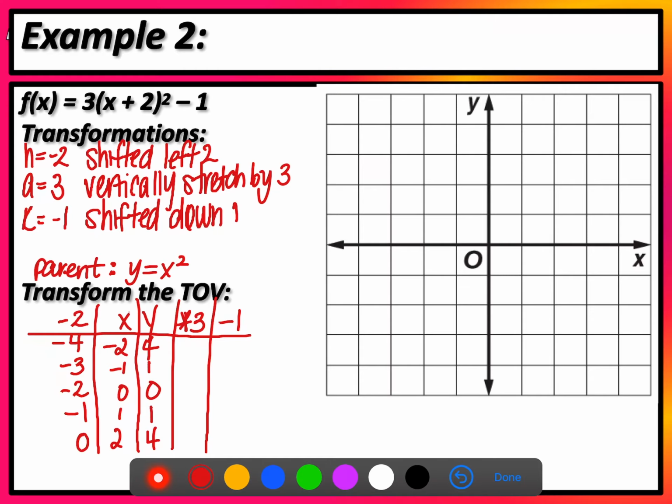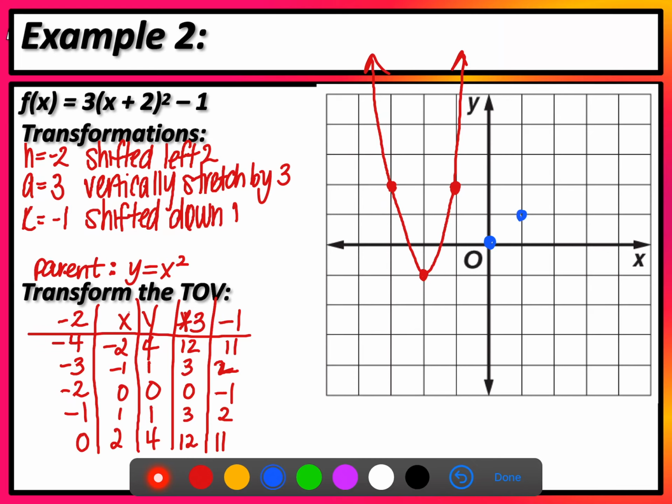Okay, so I'm applying that to my x values, and then to my y's, I'm going to multiply by 3, and then subtract 1. Okay, so I'm not going to be able to fit the 11 on my graph, but I can do the others when I plot. Okay, so we know this is a parabola.